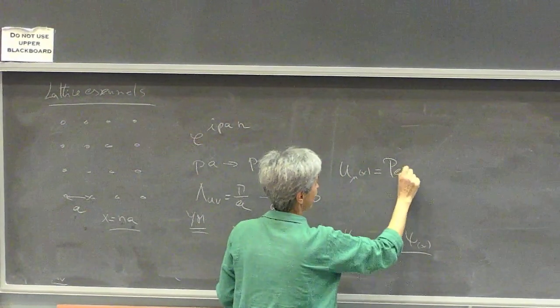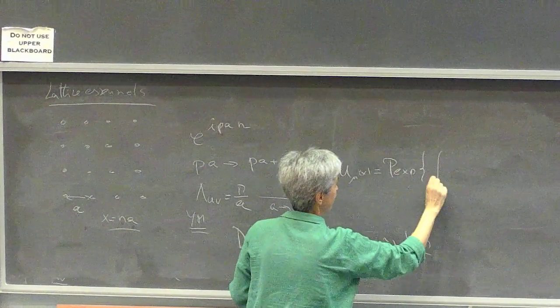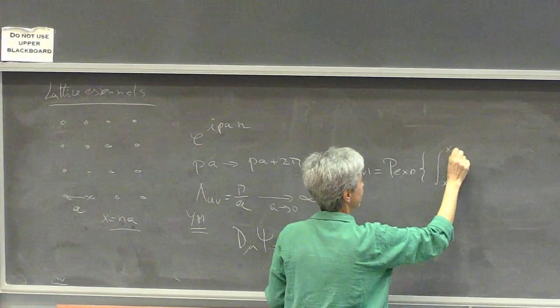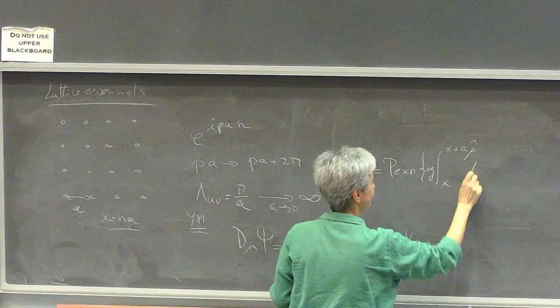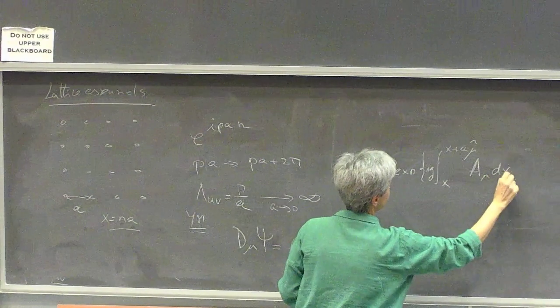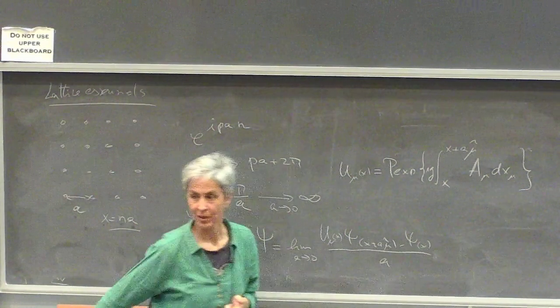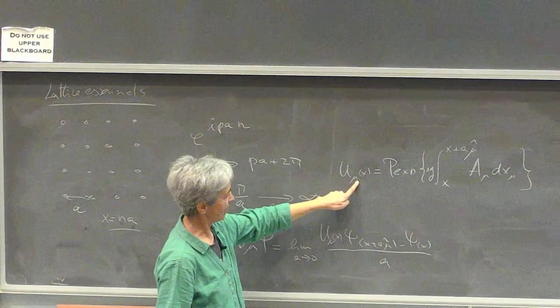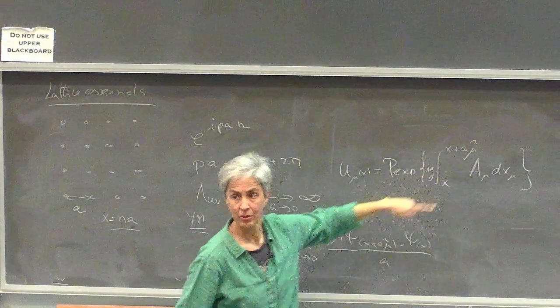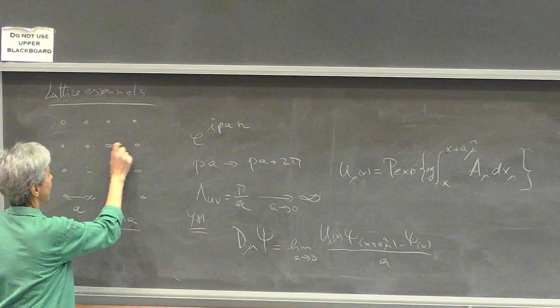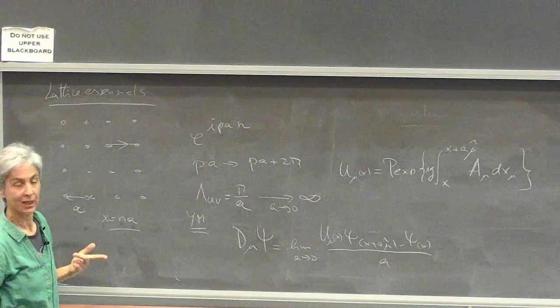So this is a path-ordered exponential between x and x plus a mu, an object that transports the field between x and x plus a mu, and we represent it here like this. We call it a link.